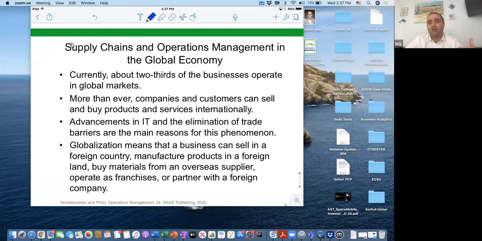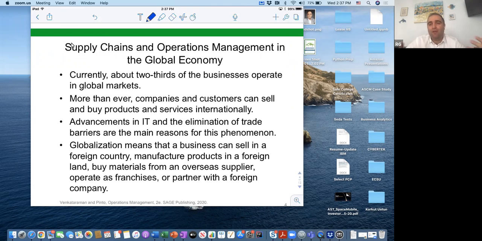So how do we make sure that we run an efficient supply chain management in this global economy is a key thing. Companies who are actually running an integrated supply chain management in this global economy are the ones who are reacting to the changes in this environment wisely and in a very efficient way. And those are the ones who are going to be successful at the end.